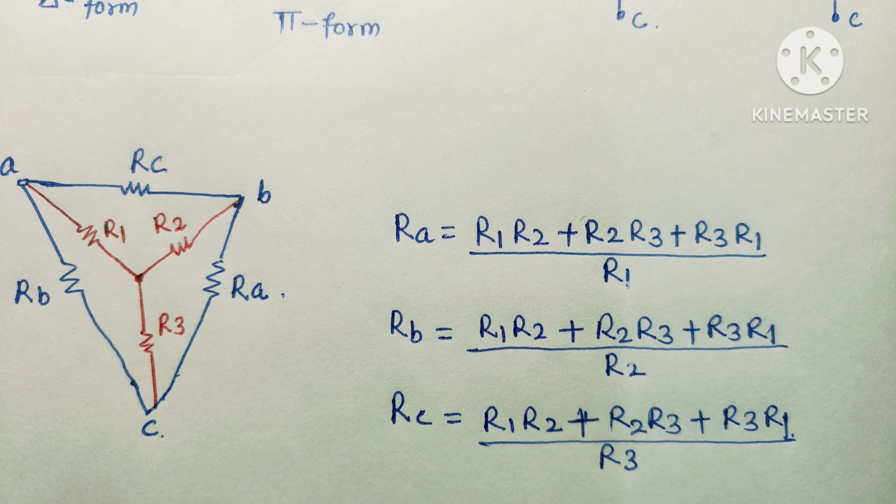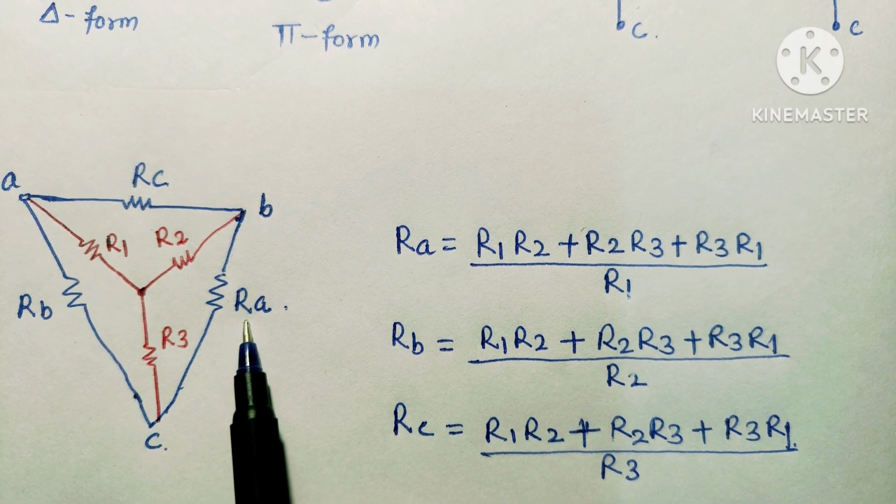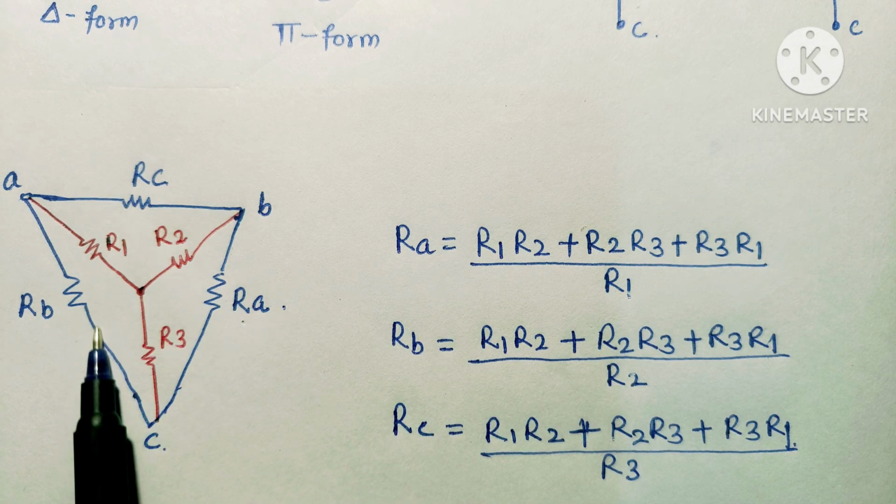How can we remember these things easily? Let's see. Here is the resistance Ra. Ra can be calculated by multiplication of all the resistances in the Y form.